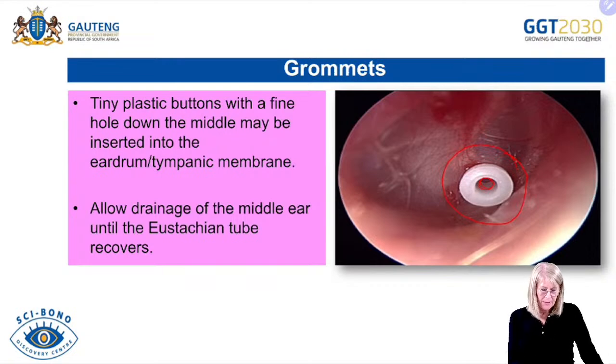So it's quite a good treatment for middle ear infection, and quite common in little children, as I said. You don't have to go and have it removed; it will eventually just fall out. So it's an easy fix for chronic middle ear infection. Right, so those are grommets.